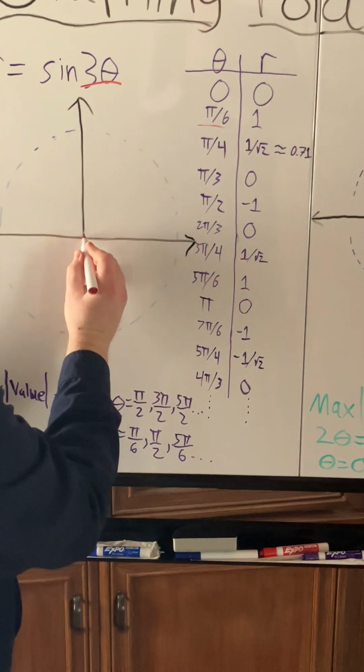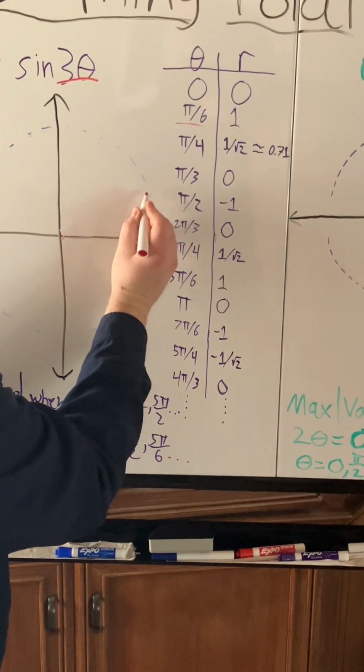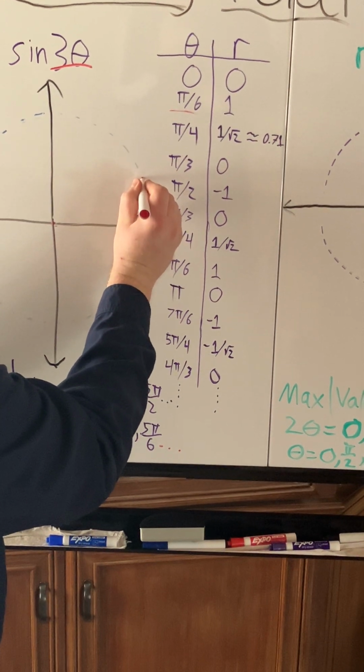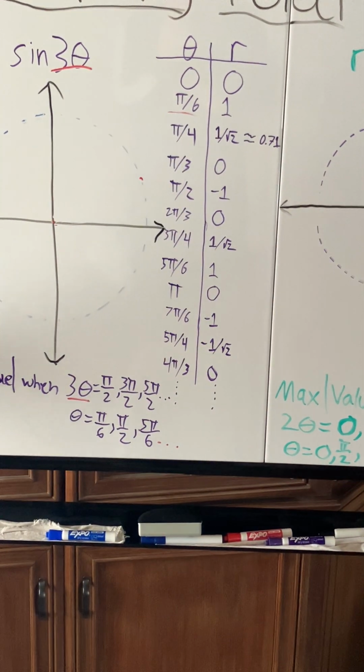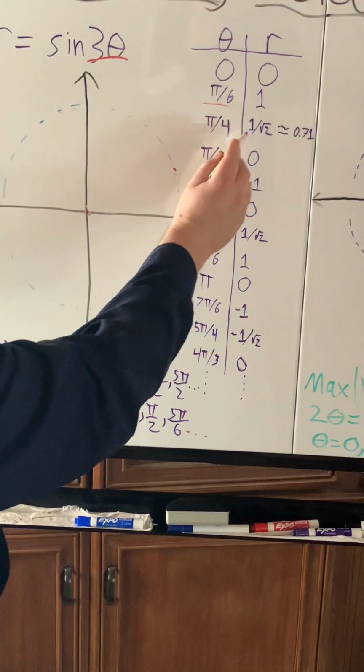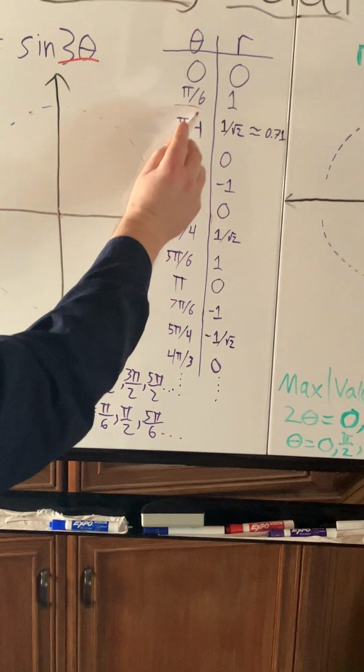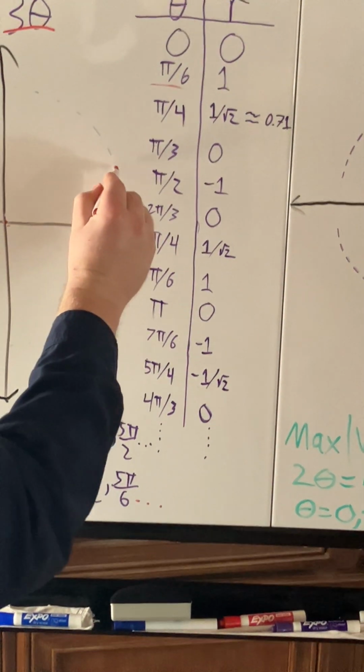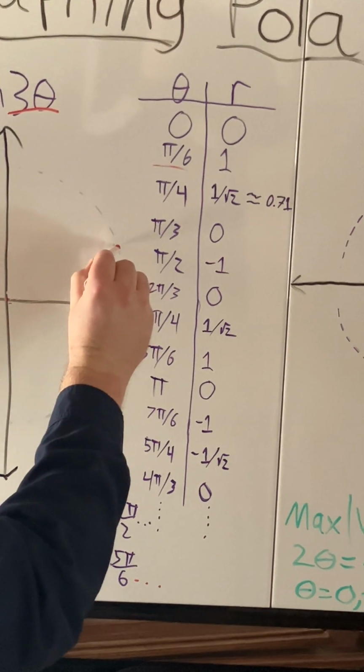So at pi over 6, we are going to be right on the edge of this circle because that's a radius of 1. Now, it works its way back. Remember, that's the maximum value we are going to get for this function.